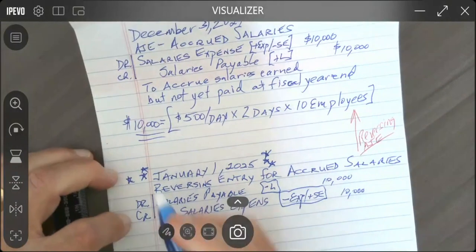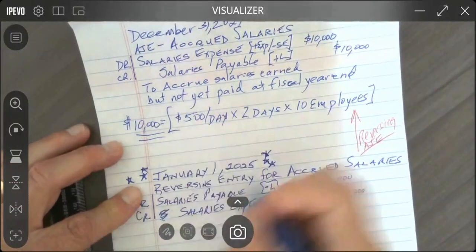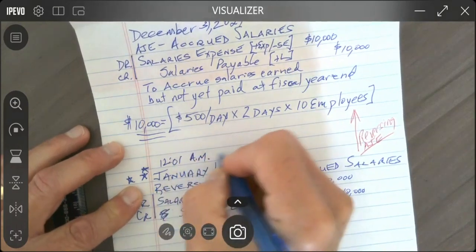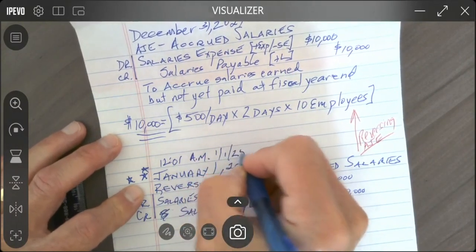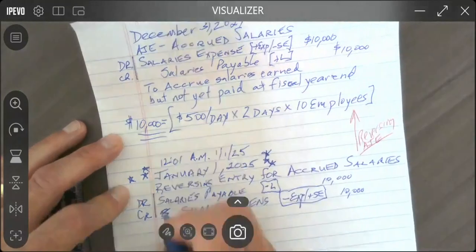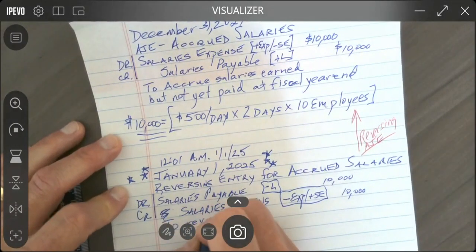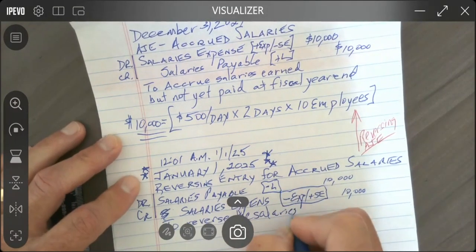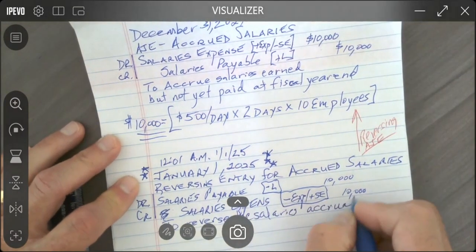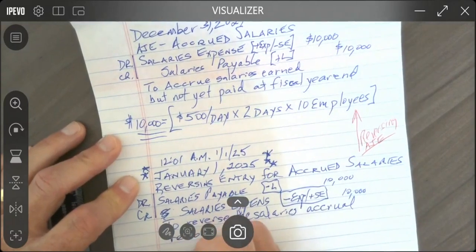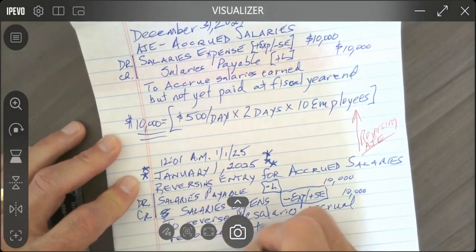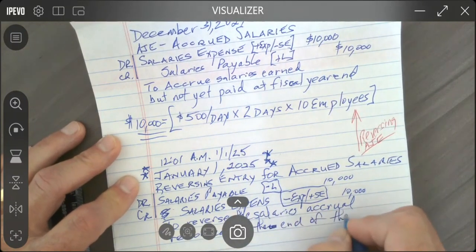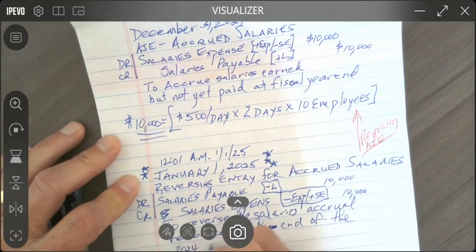Write ourselves a little note: this occurred likely at 12:01 a.m. on 1/1/25, the new period, to reverse the salaries accrual recorded at the end of the 2024 fiscal year.